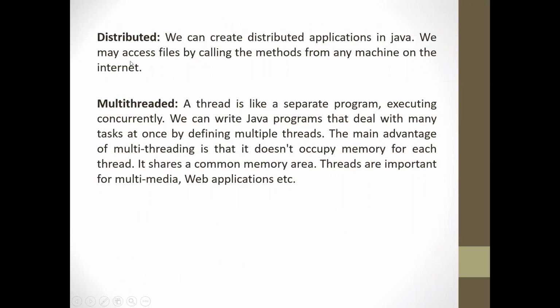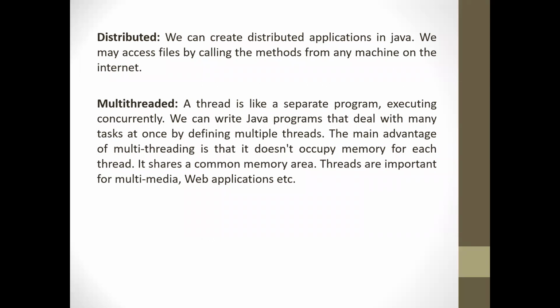Distributed nature: we can create distributed applications in Java. Multi-threading is a very famous feature of Java. Multi-threading means we can work concurrently on multiple operations at the same time, like I am sharing the screen and delivering the lecture, and you are viewing and listening to the video.